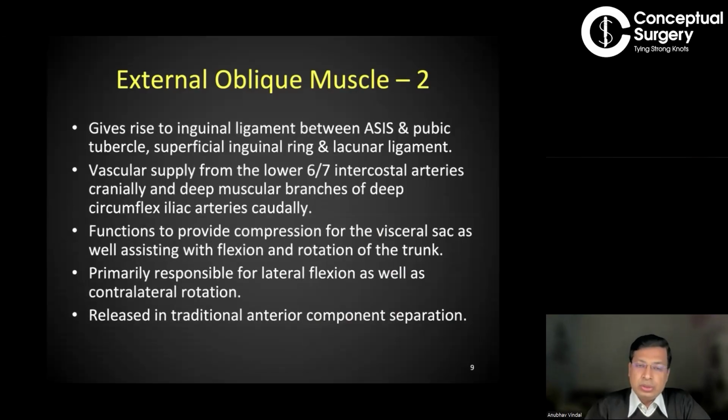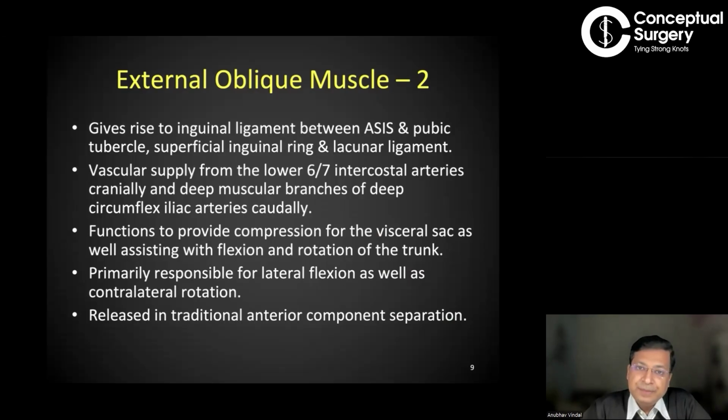The lower incurved part of the external oblique, between the ASIS and the pubic tubercle, forms the inguinal ligament, and an aperture within the inguinal ligament through which the spermatic cord emerges to traverse into the scrotum is known as the superficial inguinal ring.